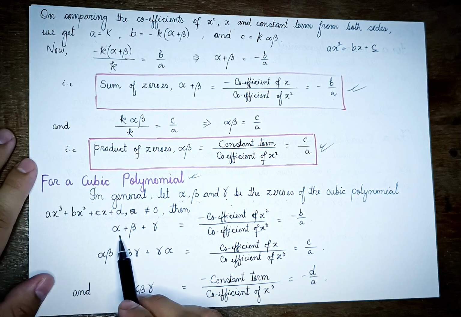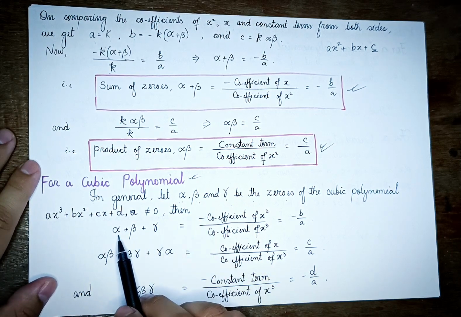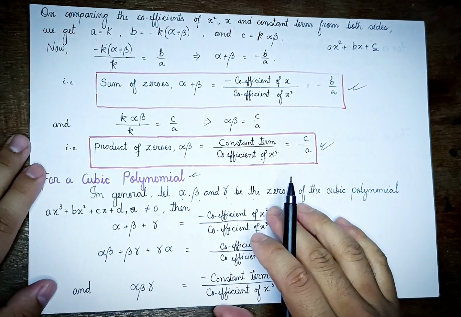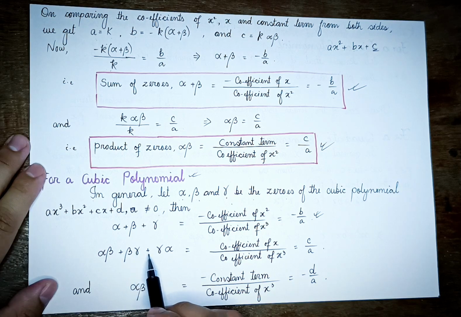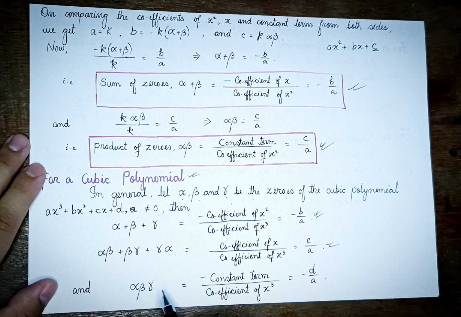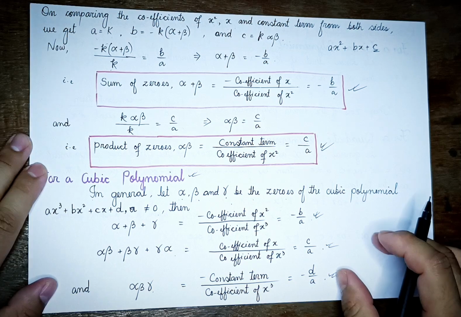The sum of the zeros, alpha + beta + gamma, is -b/a. You must learn it by heart. For alpha·beta + beta·gamma + gamma·alpha, we get c/a, and for alpha·beta·gamma, we get -d/a. You must learn this by heart.